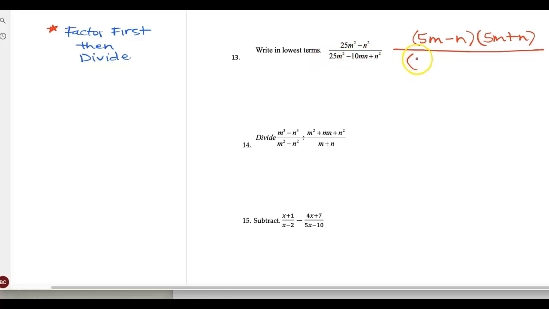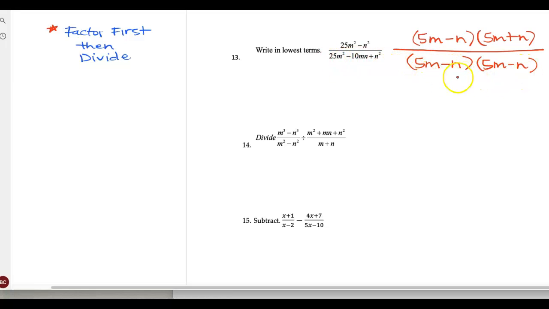So meaning this is going to be 5m minus n, and then 5m minus n. If I FOIL that back out, you'll see I get 25m squared, and then minus 5mn, minus another 5mn, and then plus n squared.